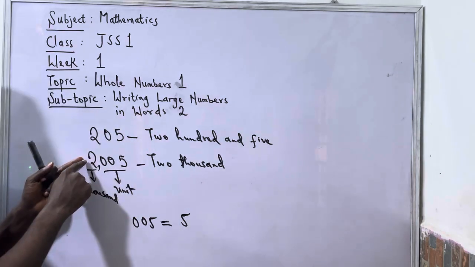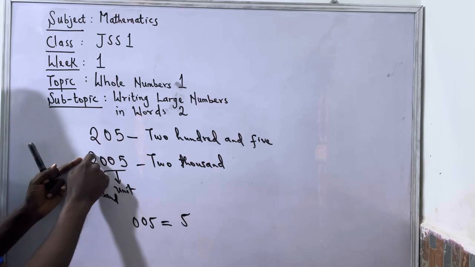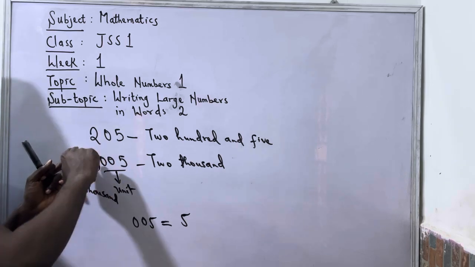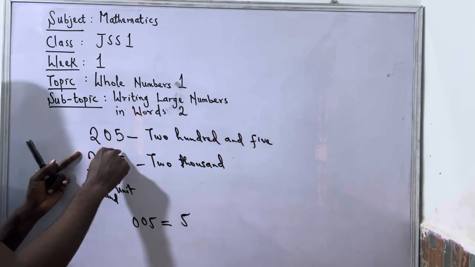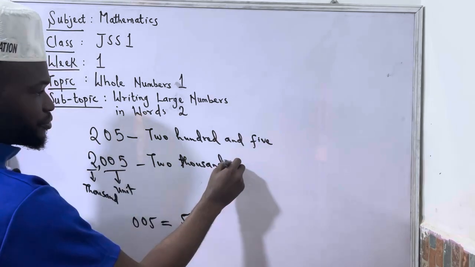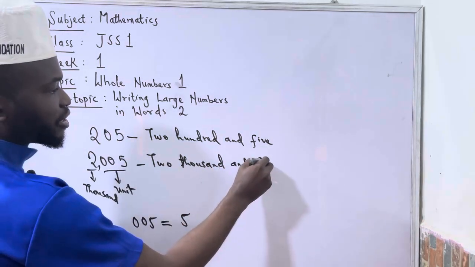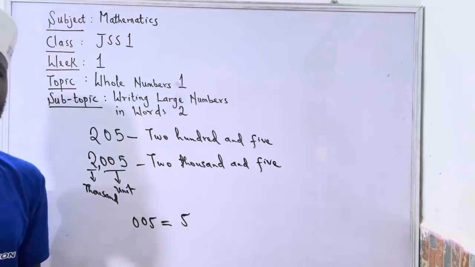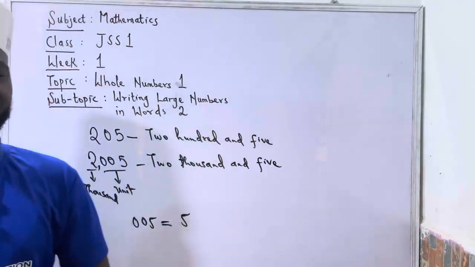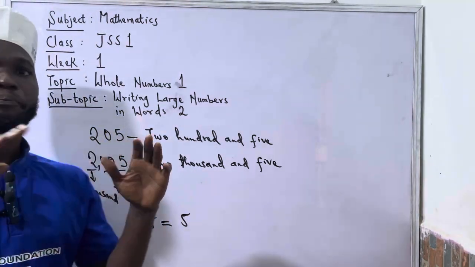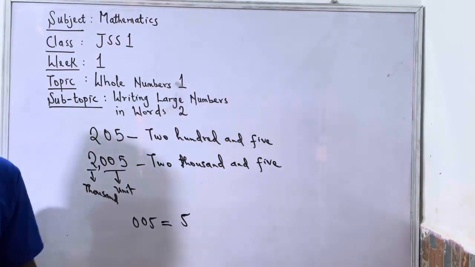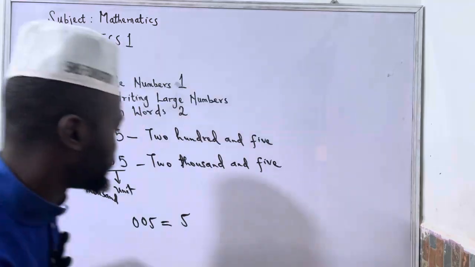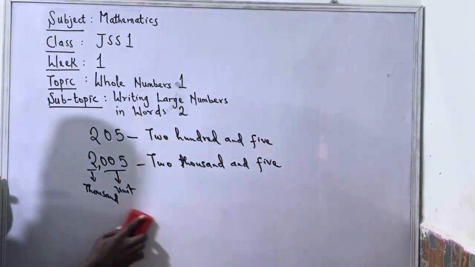I will just say this is 2000, skip these 2 zeros, and act as if I'm not saying them. I will just say 2005. This is the same method you will apply when pronouncing big numbers that have a bunch of zeros, a lot of zeros in between numbers.